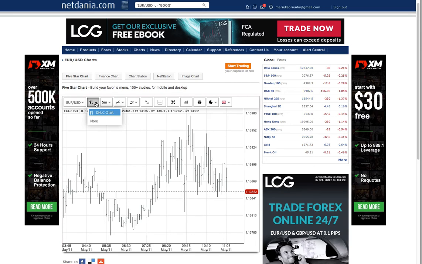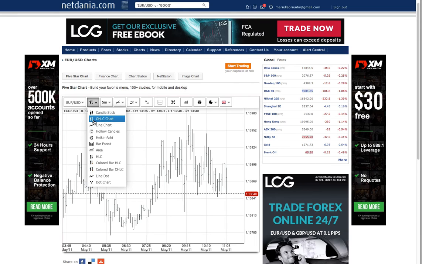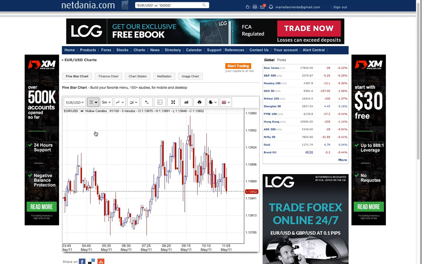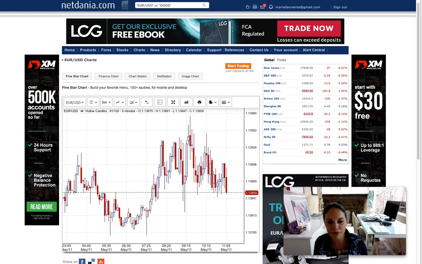If we want to go to a different chart, if we want to have a line chart, this is what the line chart would look like. And then if we want to look at the hollow charts, this is the same thing as what we were looking at earlier, but instead of having the body filled up with a color, we have a hollow body for the rising candlesticks.